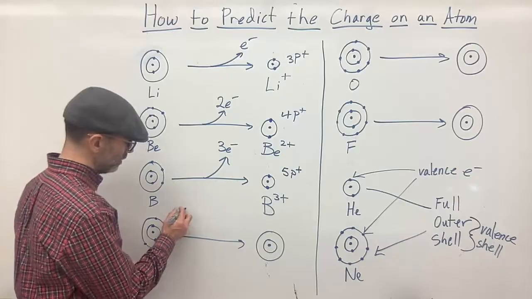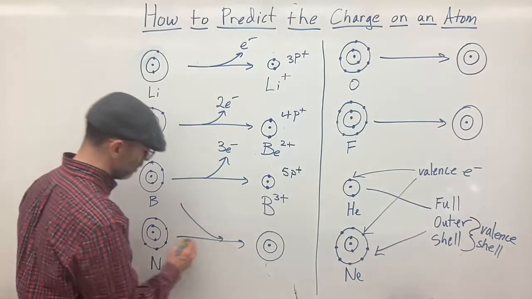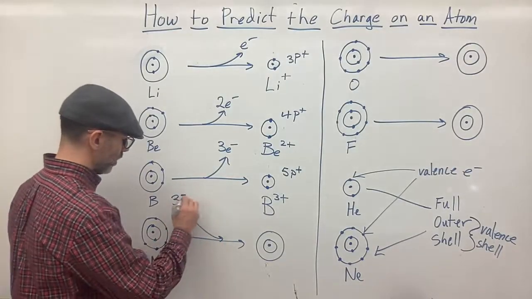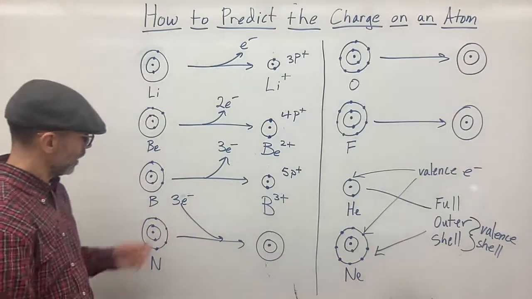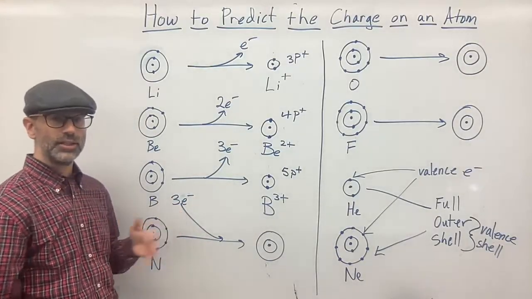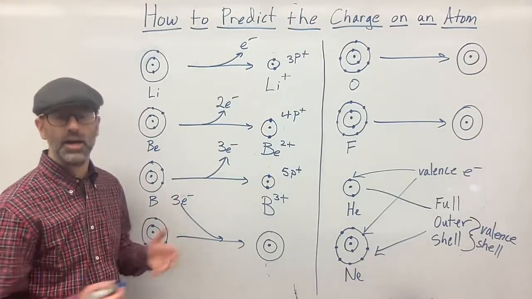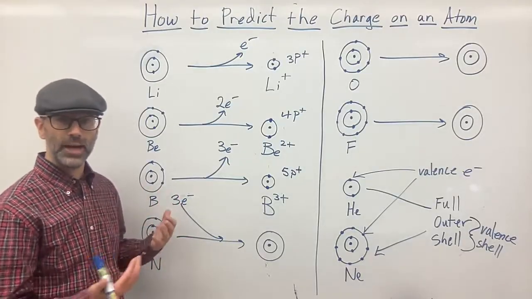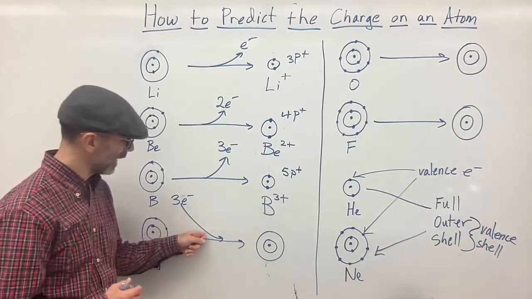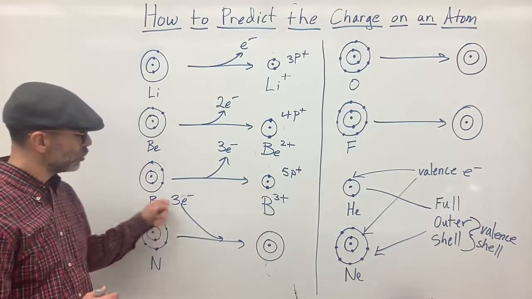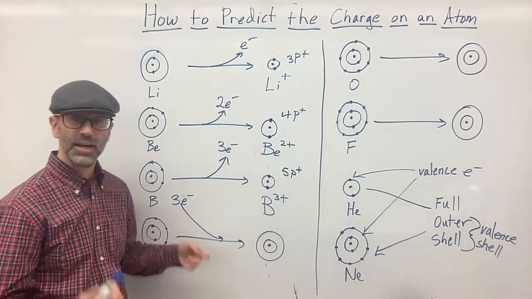So instead, it's going to gain 3 electrons. Now again, those 3 electrons don't come out of thin air. They're going to come from another atom that it's reacting with. But the point is that it's going to gain those 3 electrons so it can be stable like a noble gas.